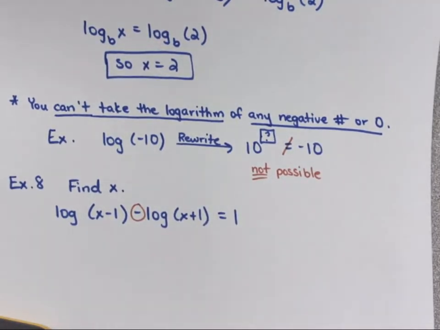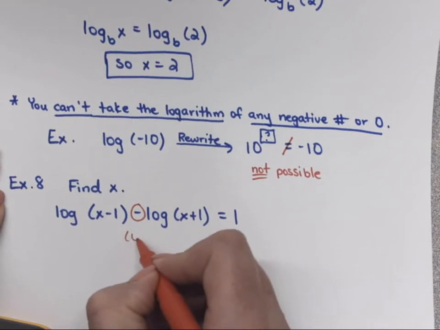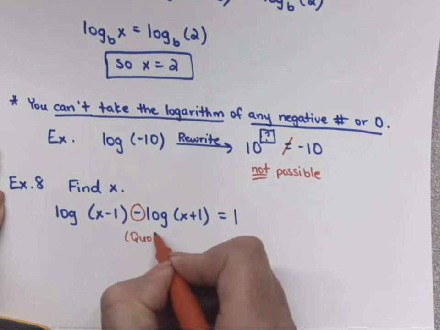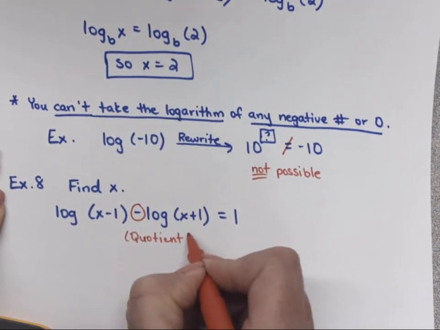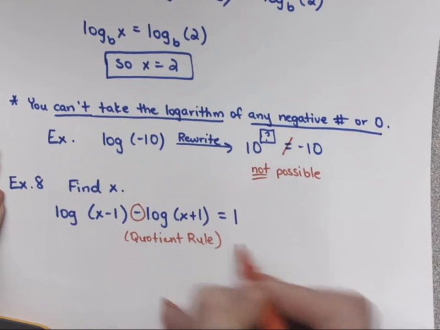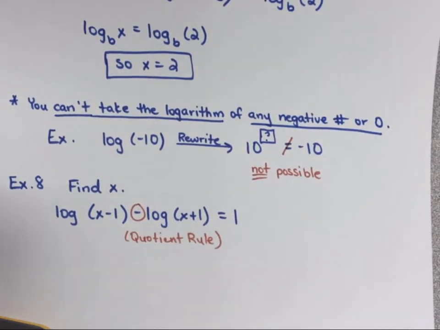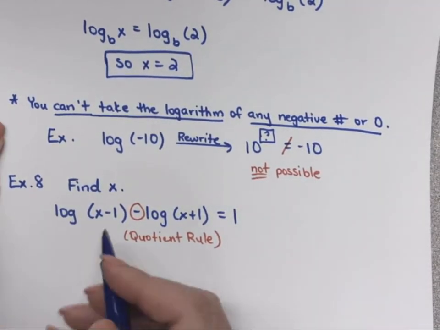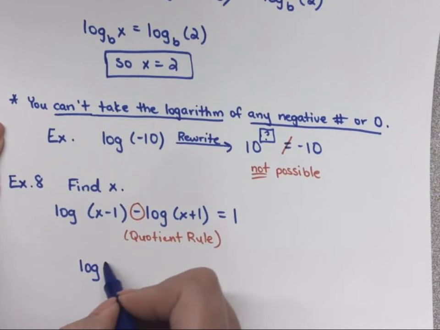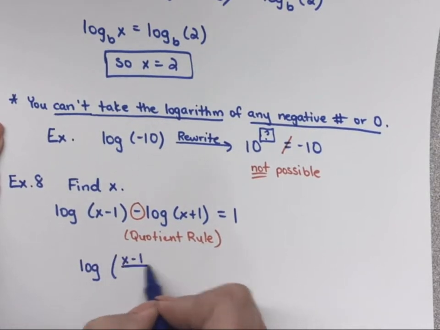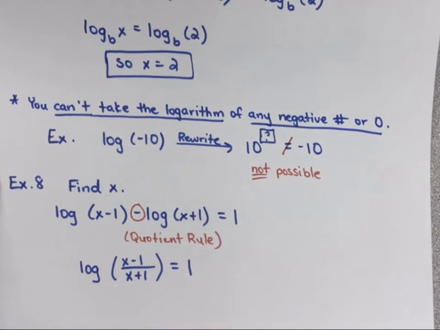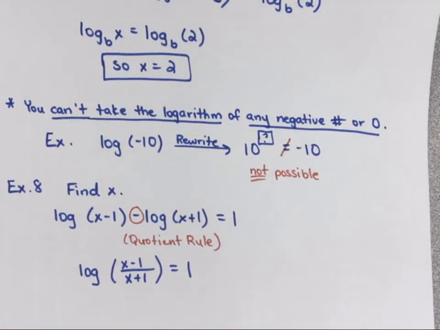What does this minus sign indicate that we need to use? Quotient rule. So maybe I can get together a nicer logarithm using quotient rule. On the left side, I'm going to get the log of the first thing divided by the second thing according to quotient rule. Notice the right-hand side doesn't change.